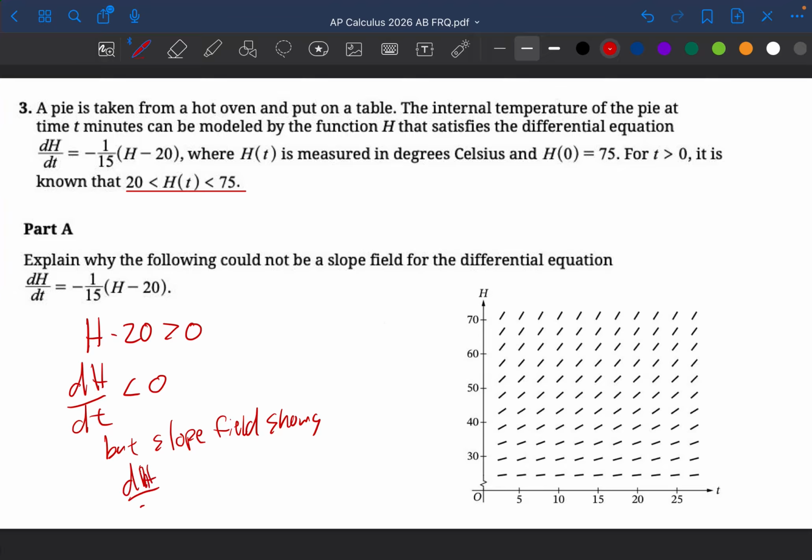So this shows dh/dt is greater than 0 for 20 less than h less than 75. So that's why that doesn't work. All the slopes in here should be negative.